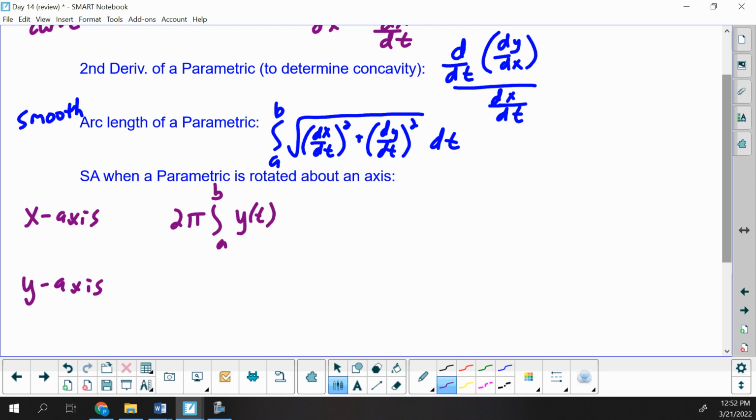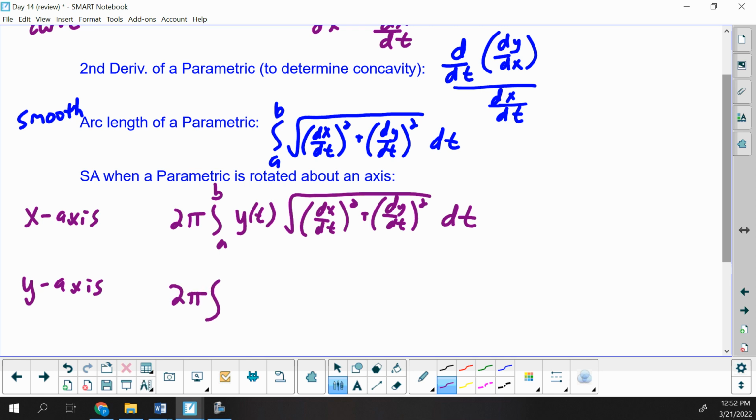Keep in mind that's not the derivative, that's actually y itself. And then we just have our arc length, the same thing we wrote above. And then the only thing that changes for the y-axis one is our radius would now be going right to left, so it is your x part of the parametric.